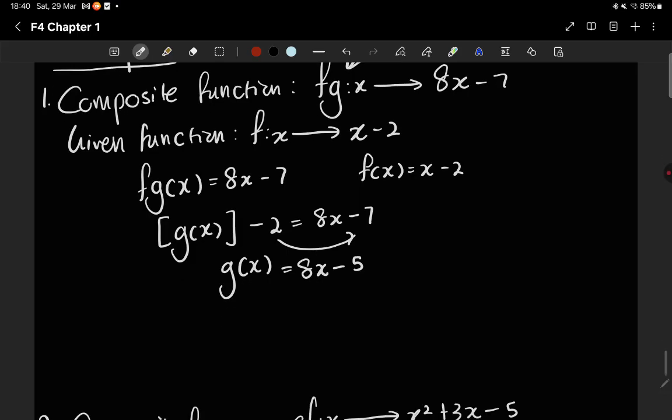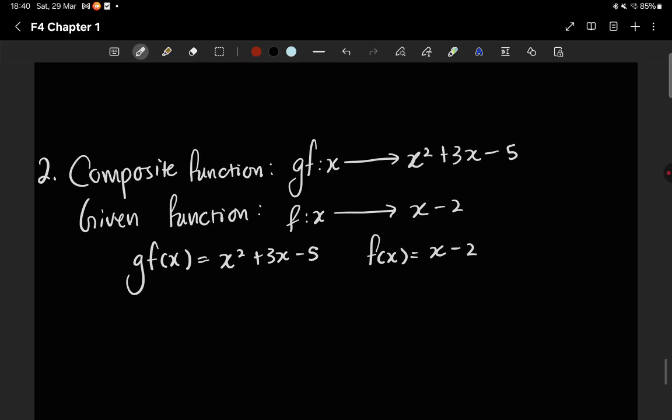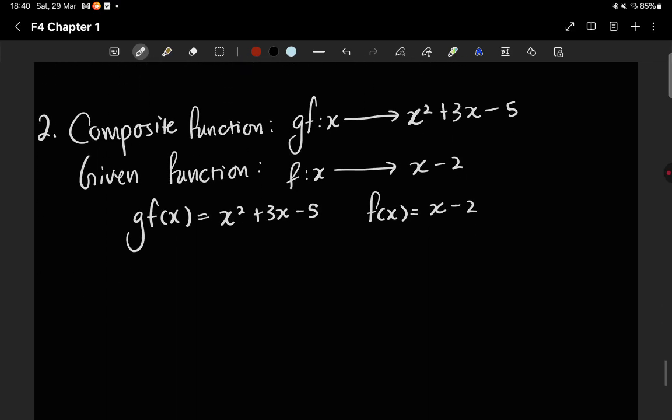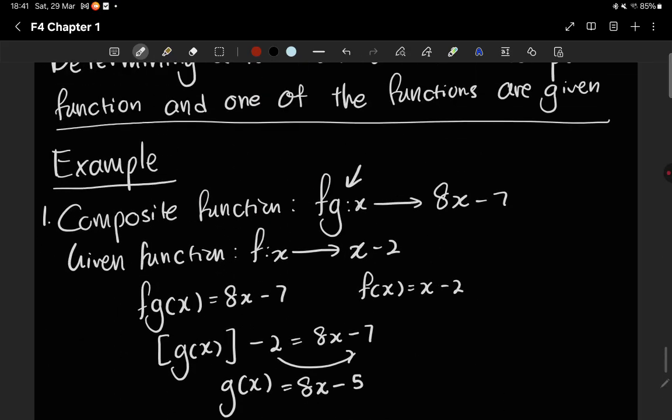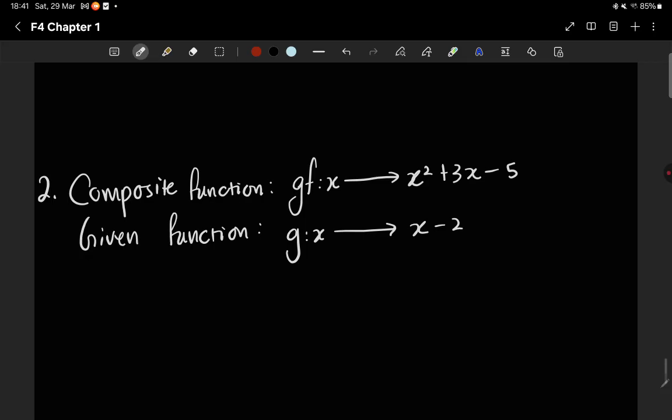Wait. Yeah, I think I made a mistake here. Sorry. We're actually given g of x. I'm supposed to write g. So this is the new equation. Sorry for the mistake earlier.